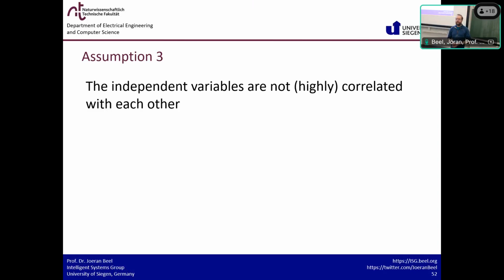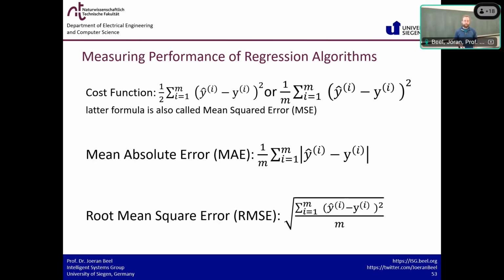Another assumption, also not so important now, is that the independent variables are not highly correlated with each other. What is important is how to measure the performance. This is also important for the exam, that you know the differences of these things.